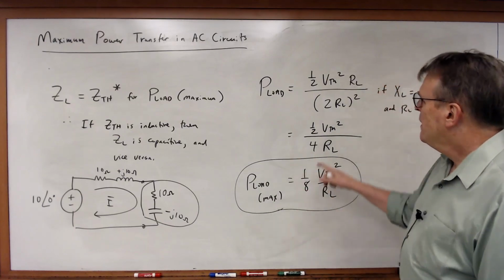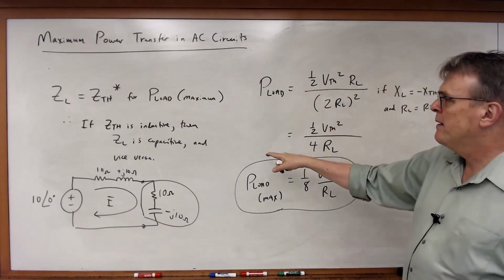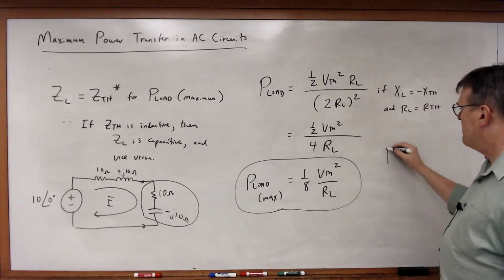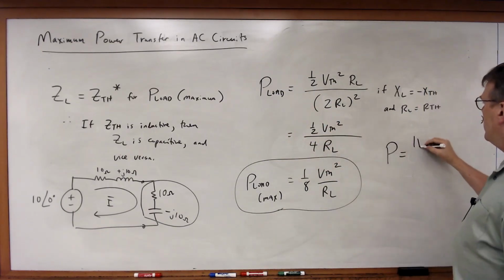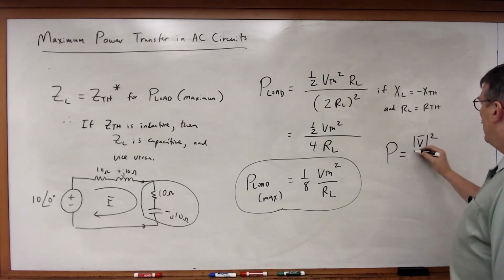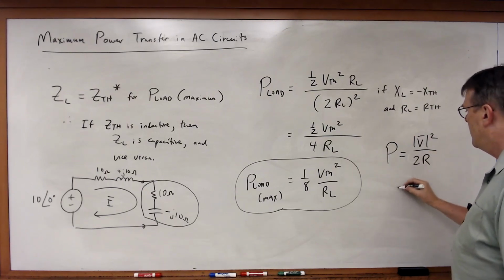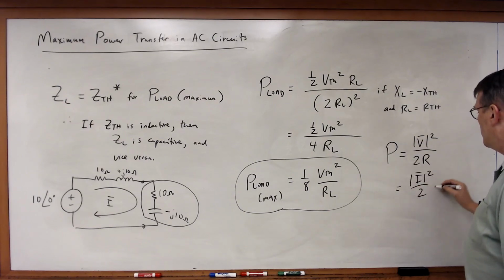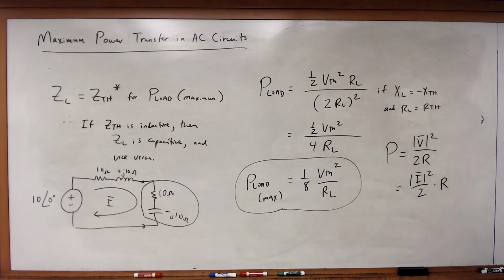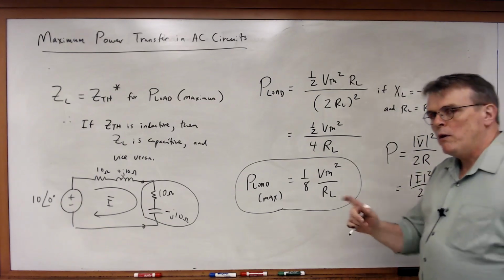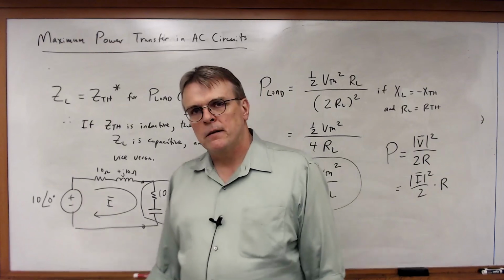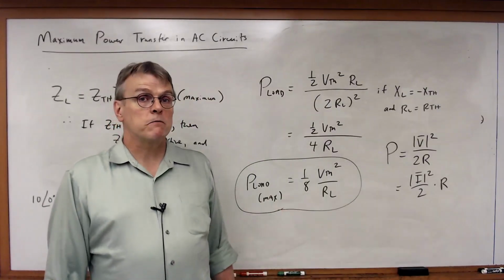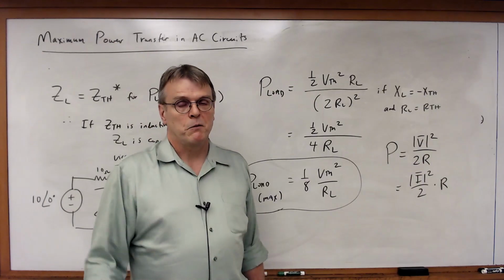If you think about it, you notice there's something that keeps creeping in, and you'll see that, for example, power in a resistor is V squared over 2R, or equal to I squared over 2 times R. You know, this looks very much like DC power in a resistor, except for that 1/2 term. Wouldn't it be nice if we could get rid of that 1/2 term? Well, with the definition of RMS voltages and currents, we'll be able to do exactly that. We'll look at that next time.